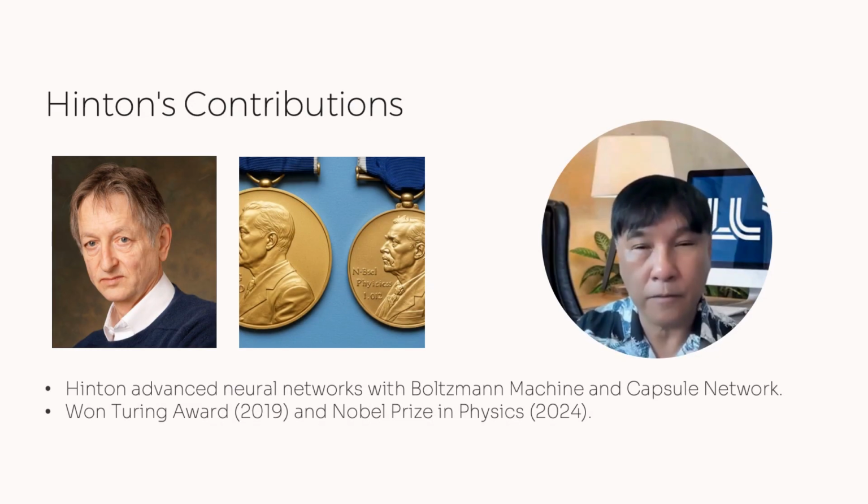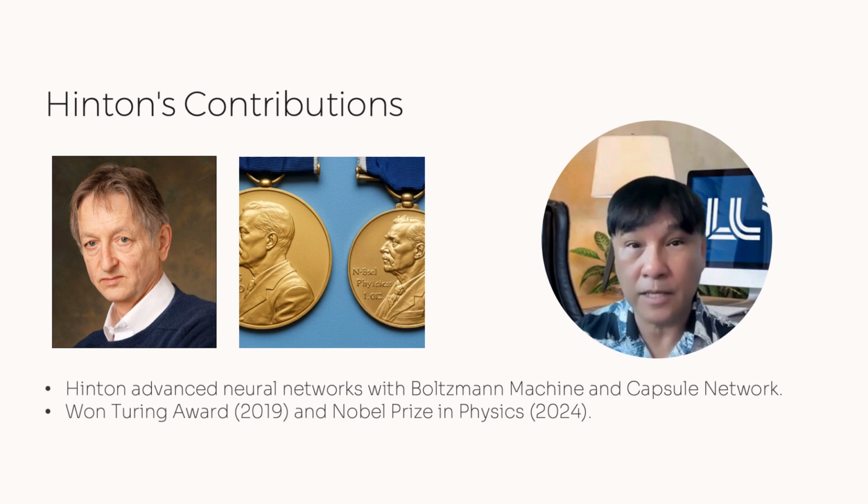Hinton, heavily influenced by Donald Hebb's learning theory, continued advancing the field with architectures like the Boltzmann machine and later the capsule network, which improved AI's ability to recognize hierarchical relationships in data. Today, thanks to connectionist advances, AI can power everything from virtual assistants to self-driving cars.